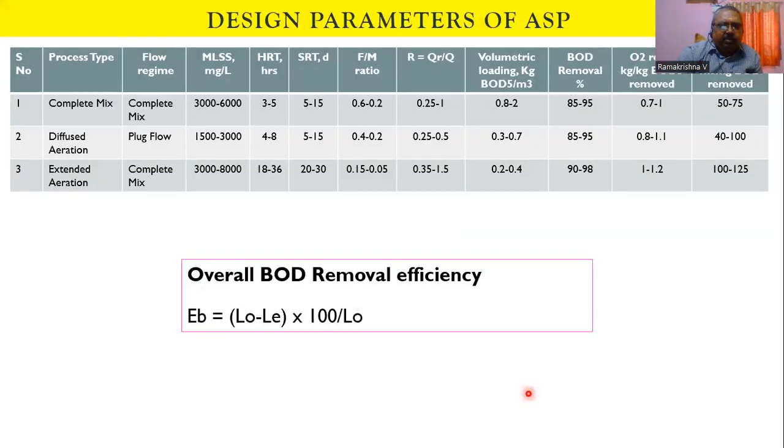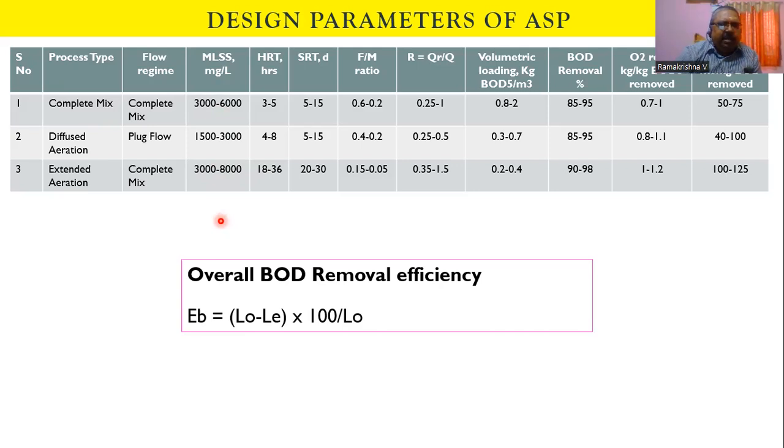So now the same information, we will once again talk about here. These are the different types of processes and the design we talk about. This is the MLSS. Remember, this particular thing is the MLSS, and for the MLVSS we assume 80% of this concentration. In practicality, it may not give much difference whether you take MLSS or MLVSS.